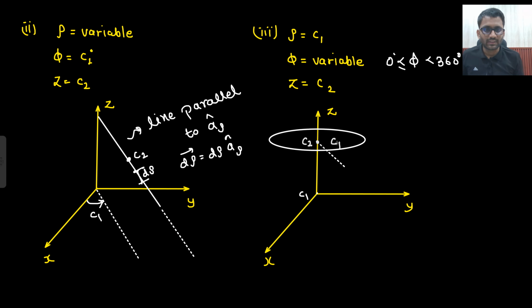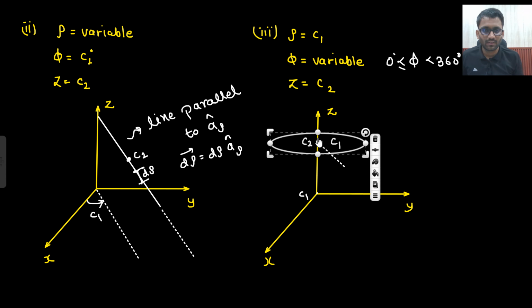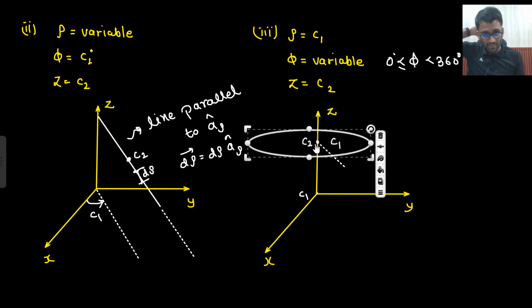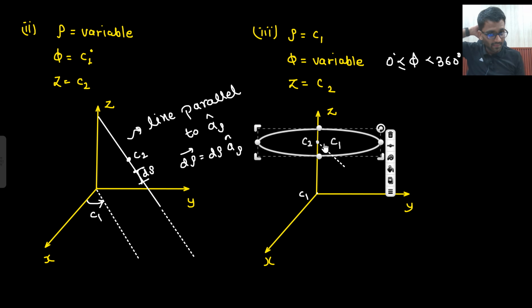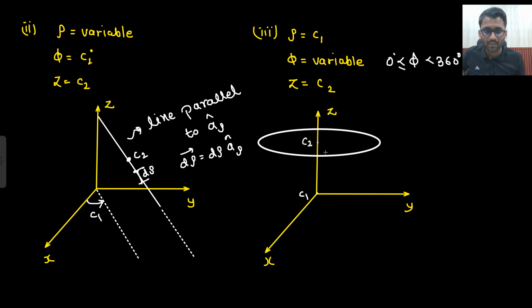So your locus will be a circle. Here phi is variable. This distance I am calling C1. Locus will be a circle.